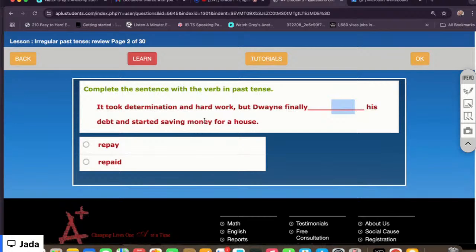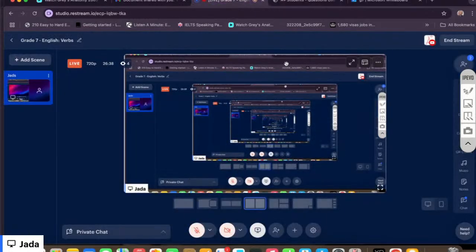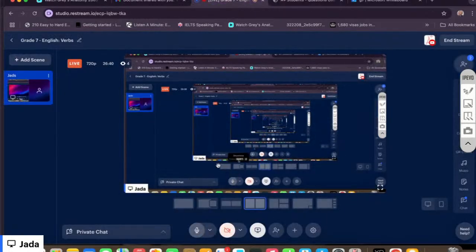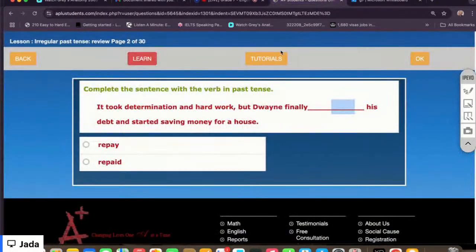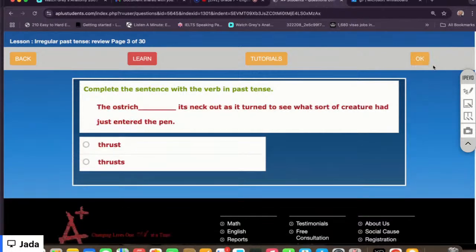So this lesson is on irregular and regular, right? So you have to look at this one. Which one is in the past tense? So it's going to be repaid. So you have options for regular, you have irregular.